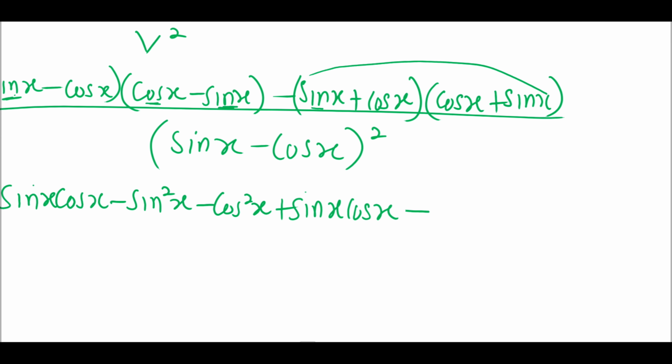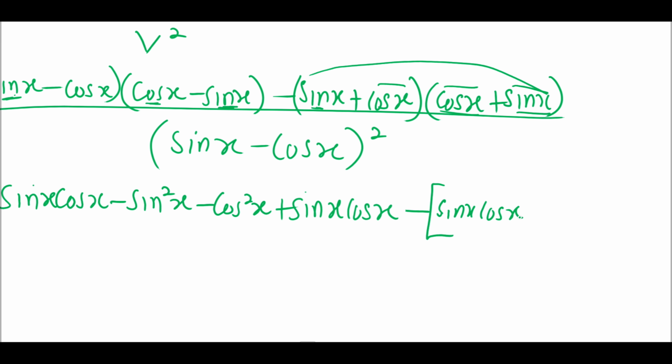So here, sine x will multiply cos x and sine x here. When you are done, you use the cos x also to multiply cos x and the sine x. So sine x times cos x gives sine x cos x.